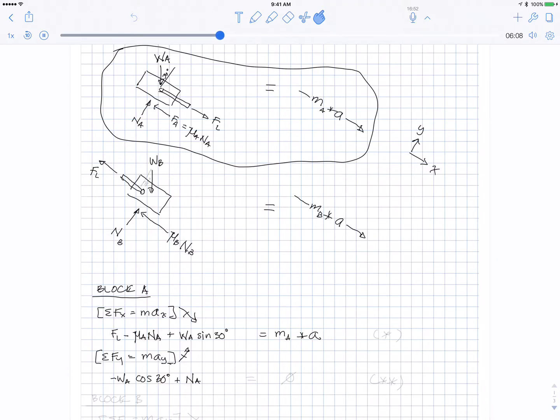That's all the y components on the left side equals, there is no y component in the acceleration side of the equation, so it's 0. We repeat the process for block B.